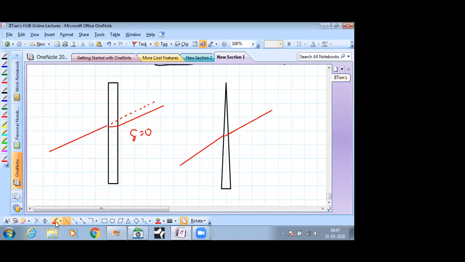Very minute amount of deviation. Here delta.